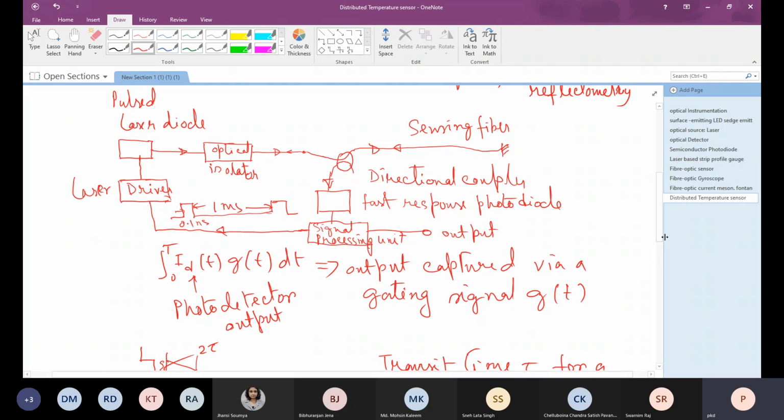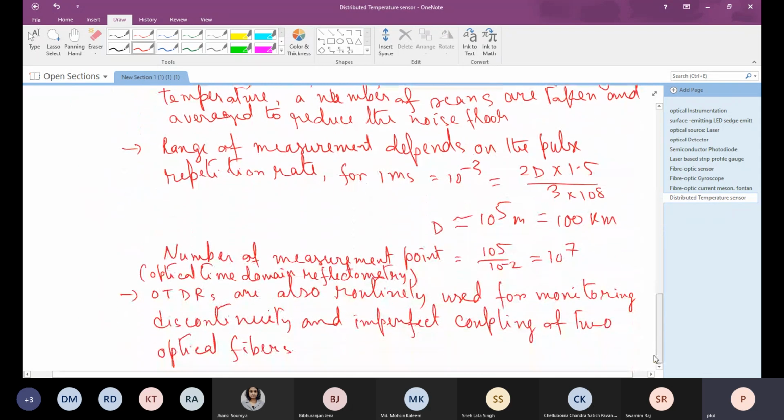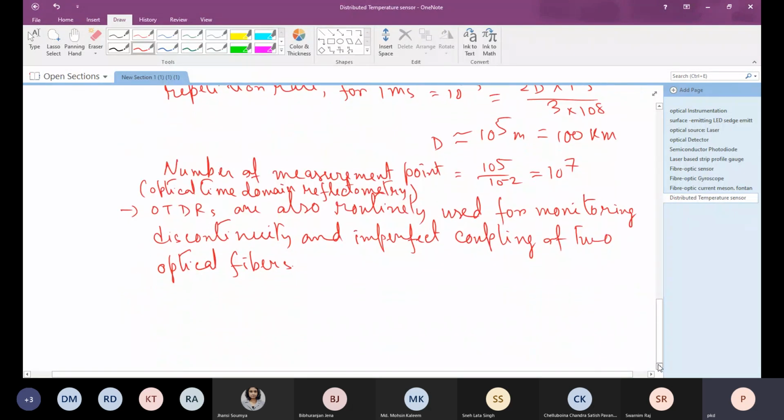For better sensitivity, usually instead of a pulsed laser diode, some high power pulse lasers are used where the sensitivity can be improved by increasing the pulse power. And also, if we do some kind of doping, then also the sensitivity of the backscattered component increases.